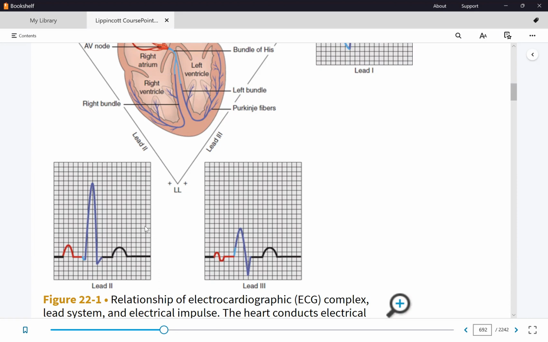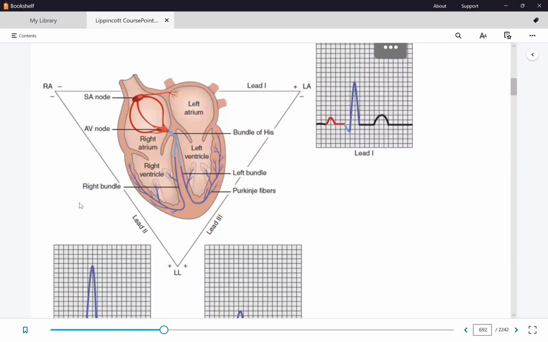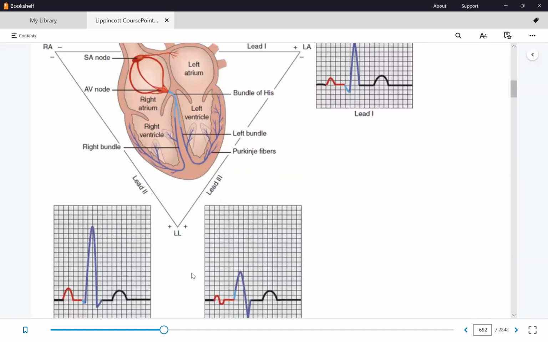The right foot is a ground lead, because of electricity, you need a grounding lead. So that's lead 1, 2, 3, and then we've got the AVL, AVR, AVF. So that's 6, and then we have lead 4, 5, and 6. Okay, I'll explain later when we get to the ECG placement.